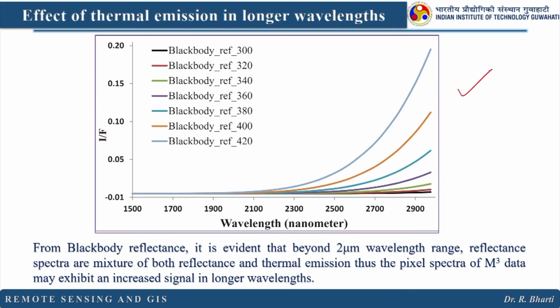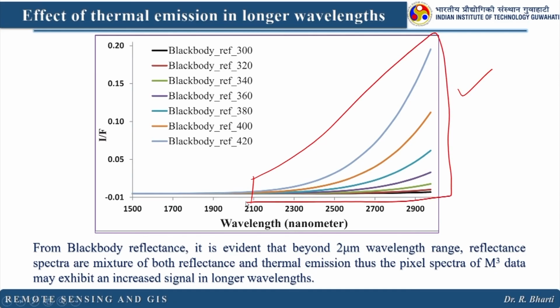So here in this case, I have modeled the black body and calculated the I by f, that is the apparent reflectance, and you can see from 2100 onwards there is an increase. But when we are talking about a black body, there will be no reflectance, right, because everything is emitted.